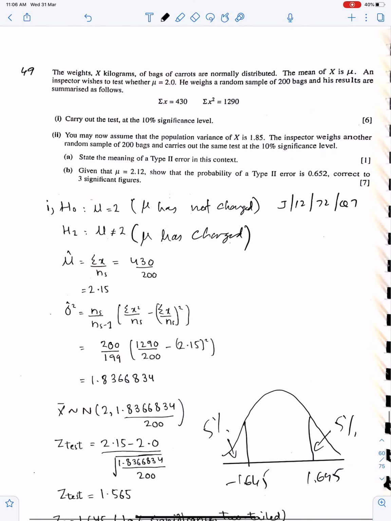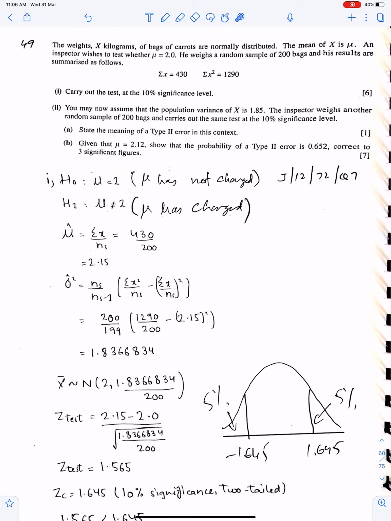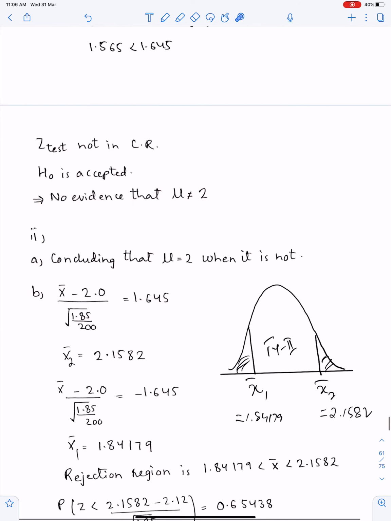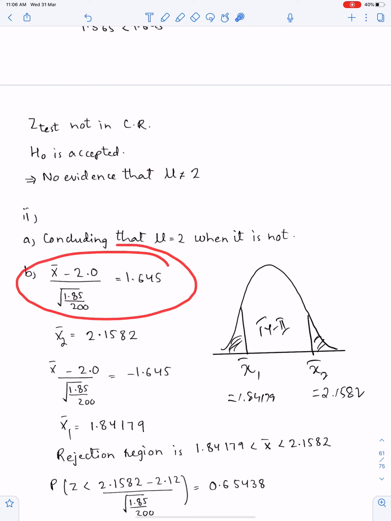So first get both the critical regions and use this formula for the critical region, z test, z critical.